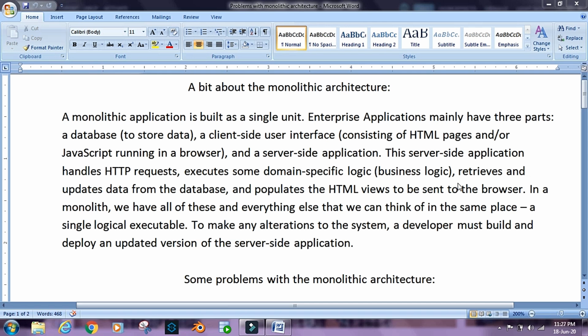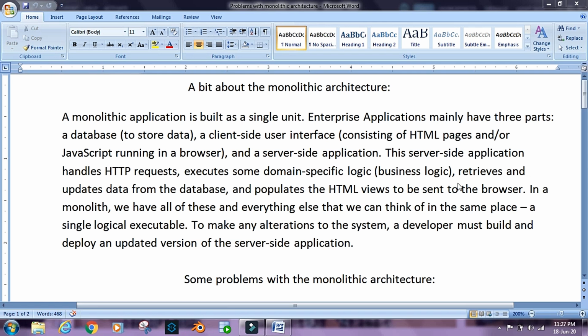So a monolithic application is built as a single unit, and enterprise applications mainly have three parts: a database to store data, a client-side user interface consisting of HTML pages and/or JavaScript running in a browser, and a server-side application.